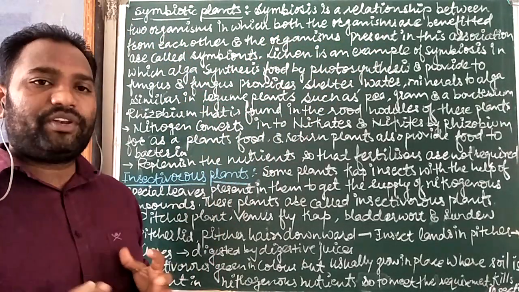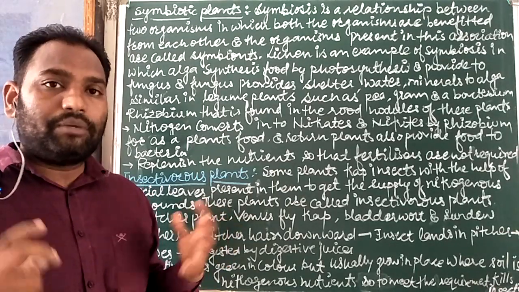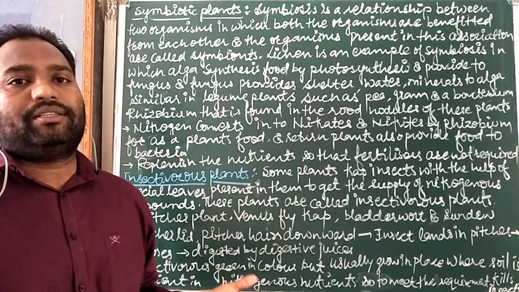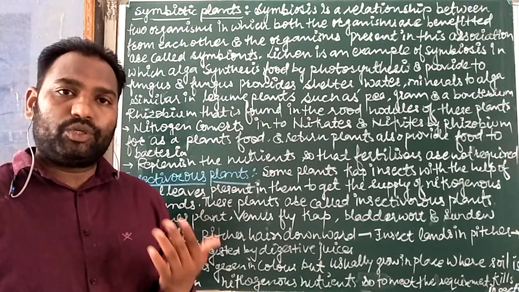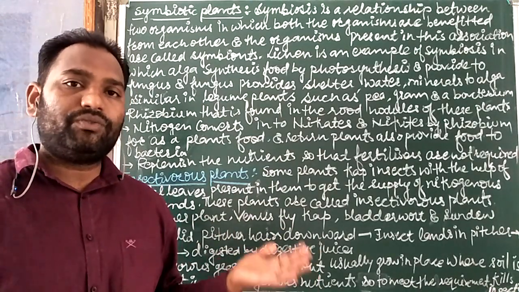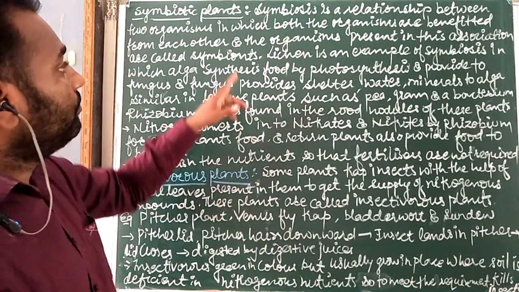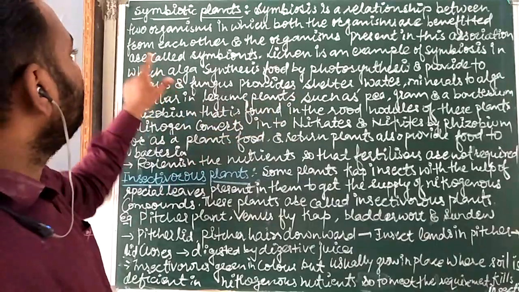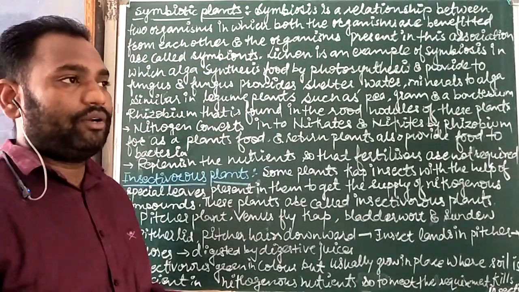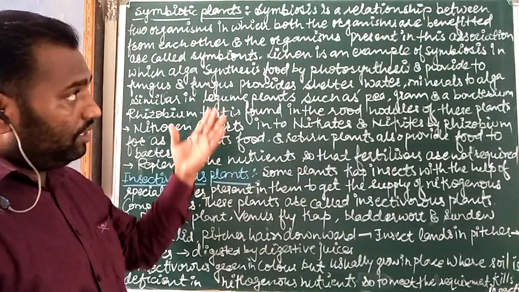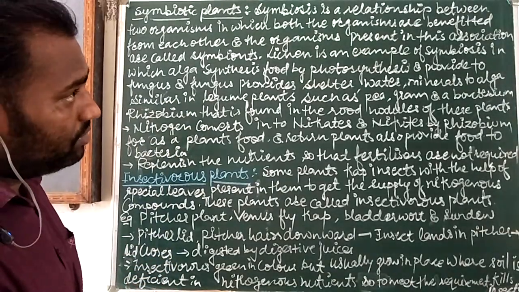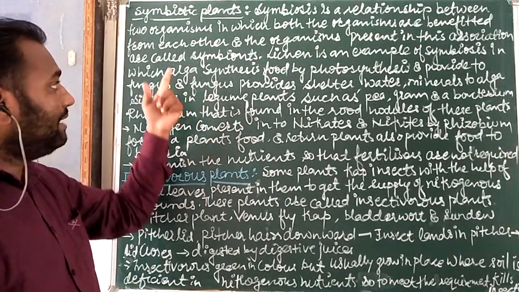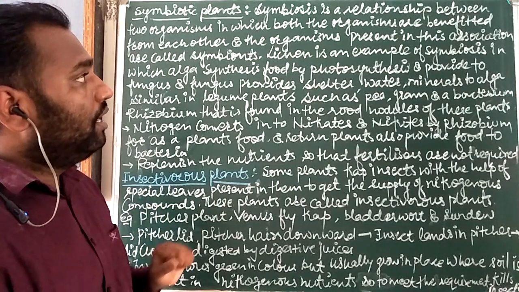It means both give something which is lacking in the other. If one has too much of something, it gives it to the other which is deficient in that. The organisms present in this association are called symbionts.